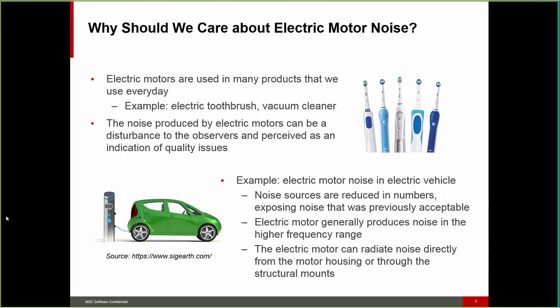Whine noise is tonal and typically is in the range of 400 Hz to 2000 Hz, and it can be annoying to the people riding the car. The electric motor noise in an electric vehicle can radiate noise directly from its housing, and this is called airborne noise, or through the structural mounts of the vehicle, and this is called structure-borne noise.